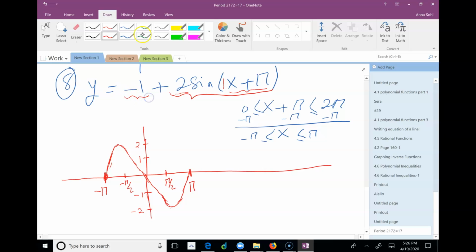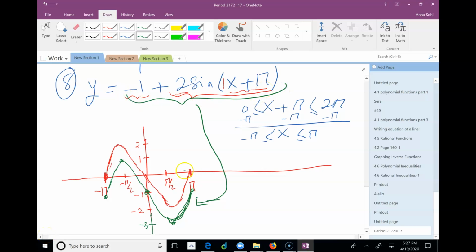Now it says -1, so every point you have, you take it and bring it down 1. Down 1, down 1, down 1, so it's going to be -3, and down 1. Once you connect them, you get the graph of the function as a whole.